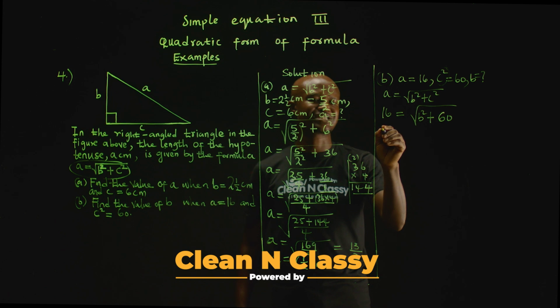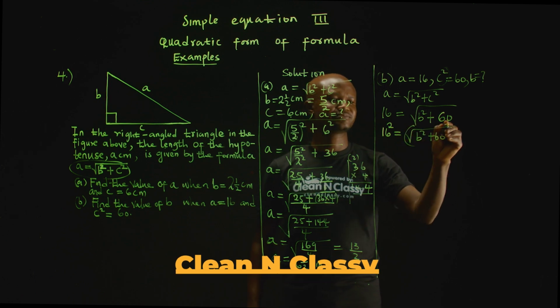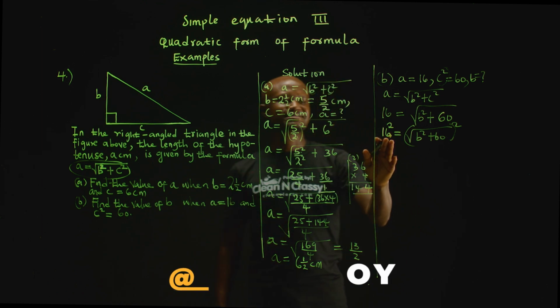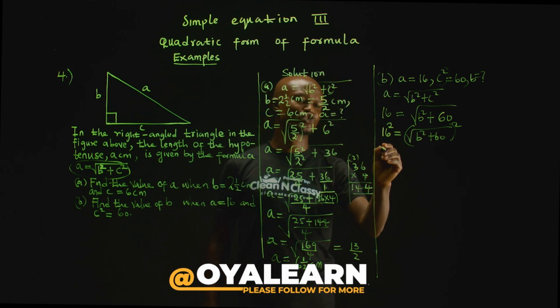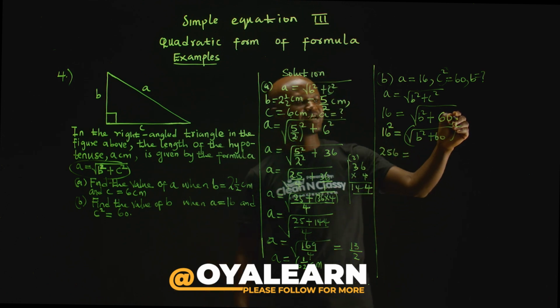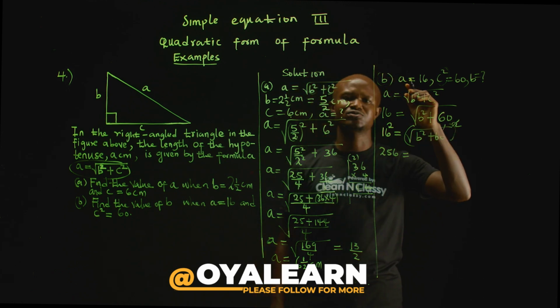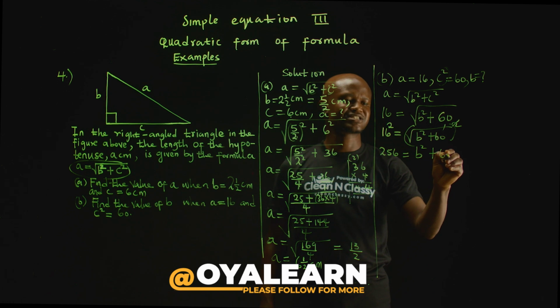So by squaring both sides, what do we have? 16 squared equals b squared plus 60. Now, 16 squared, that's 16 times 16, and that will give us 256 equals b squared plus 60.